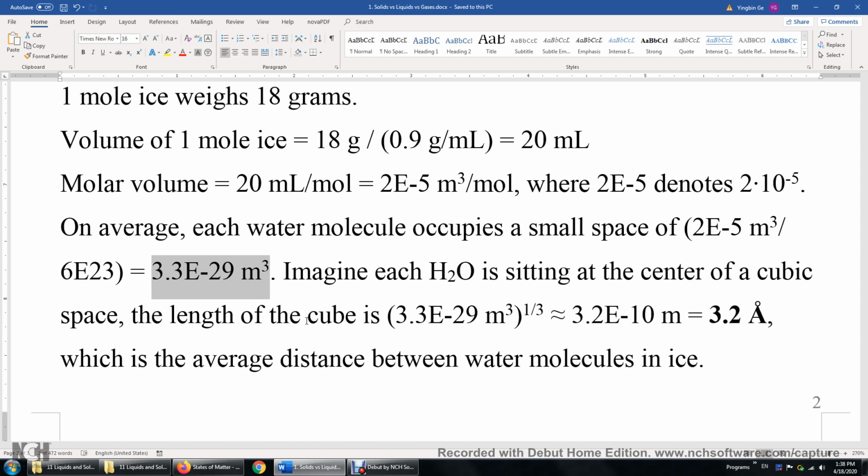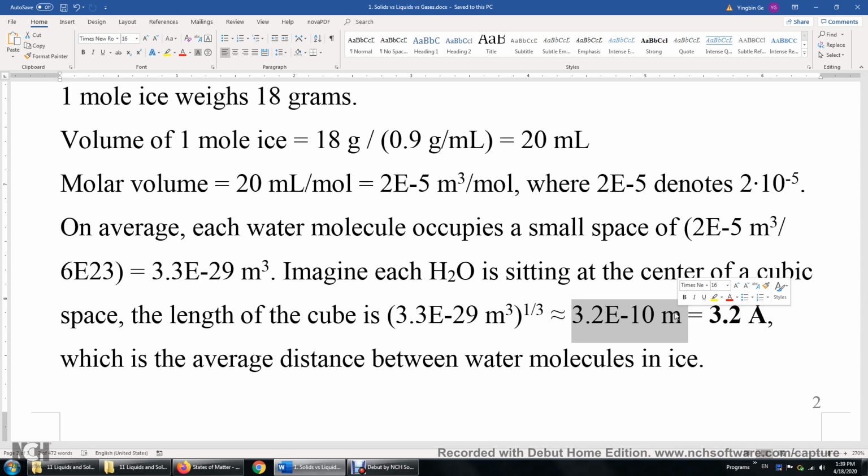And then we can compute the side length of each of the small cubes. That's the volume of the cube to the power of 1/3. The result is 3.2 times 10 to the power of negative 10 meters, or 3.2 angstroms.